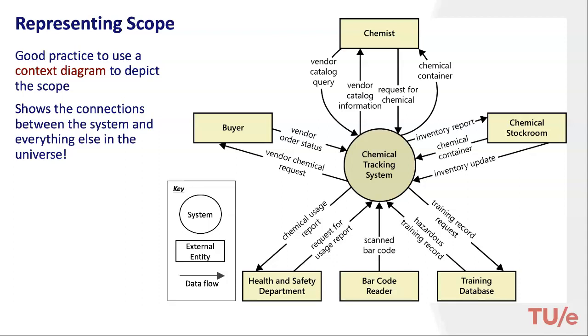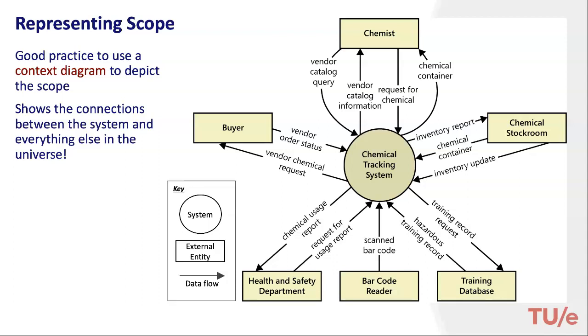In this example, we have this chemical tracking system, and you see all other systems, or in this case, all other external entities that this system is somehow interacting with. So it's a nice way to show in just one figure the context in which this system will operate, and what is in and what is out.